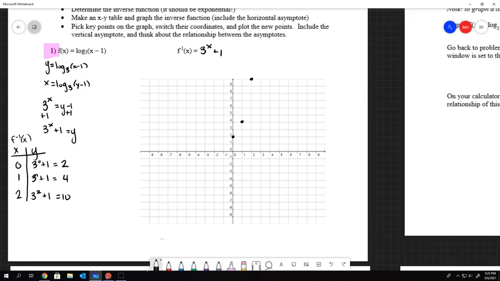Now it says we want to include the horizontal asymptote. So to find our horizontal asymptote, we've usually just been taking the h that's inside of our set of parentheses. For a log or for exponentials, it is our k. So this one has an asymptote of y equals 1, which would be this line right here.